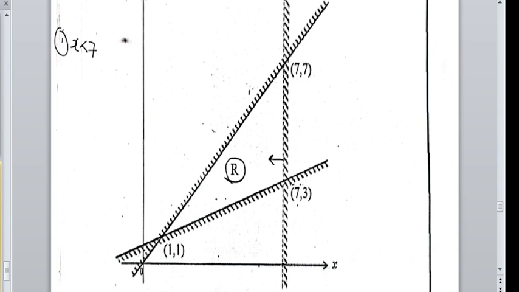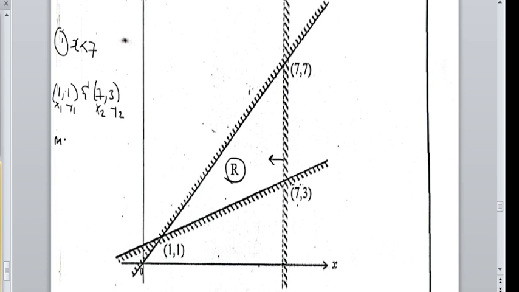So in order for us to find the other one, I can start with this one, which has the coordinates 1, 1 and 7, 3. Then I find the gradient. I'll say this is x1, y1, x2, y2.